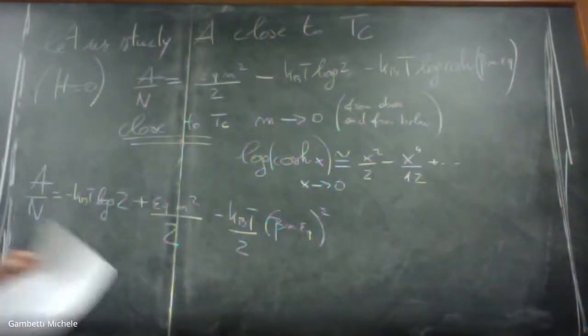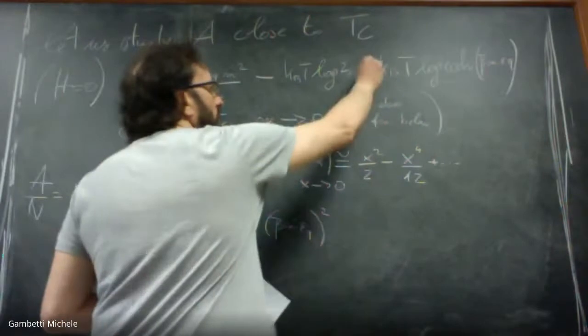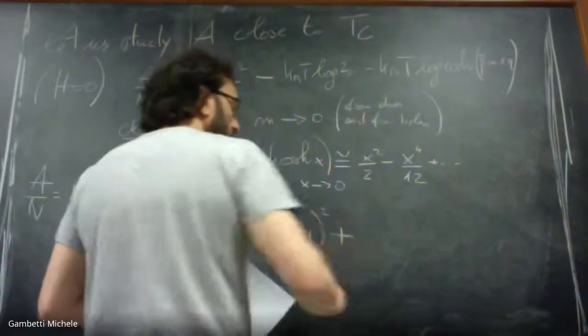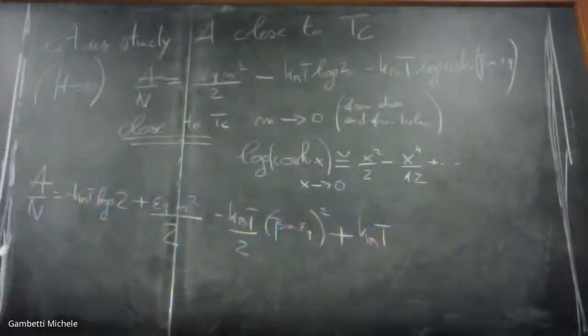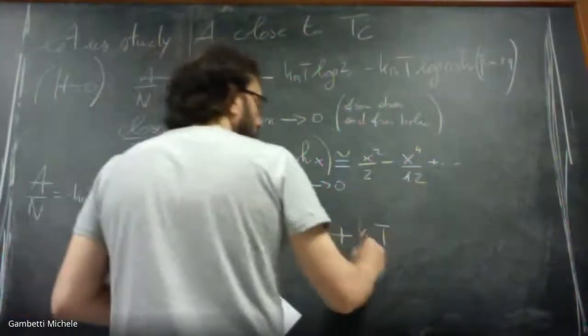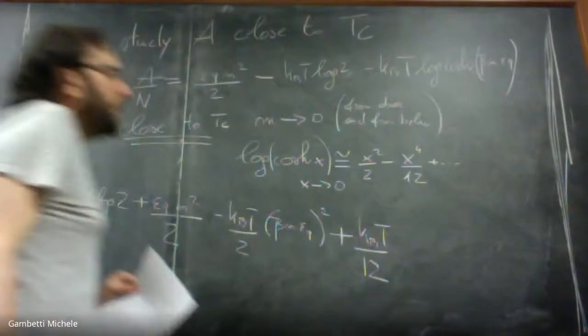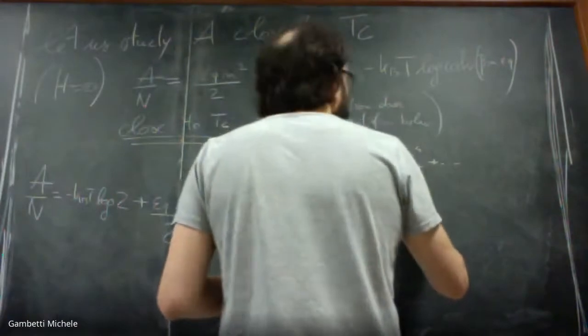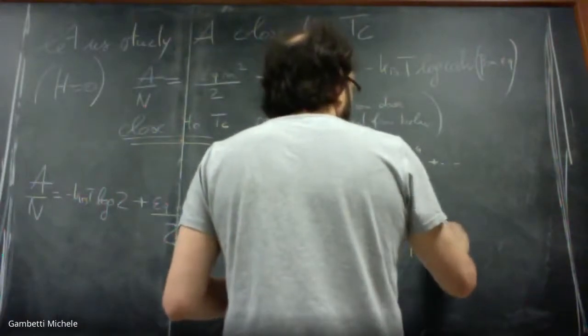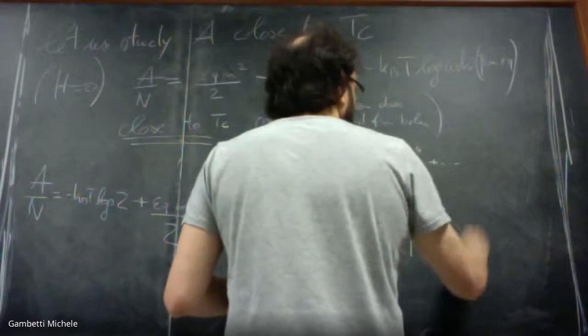And finally, here I have a minus, and the minus there becomes a plus, k_B T divided by 12, and I have beta and epsilon q to the power of 4.